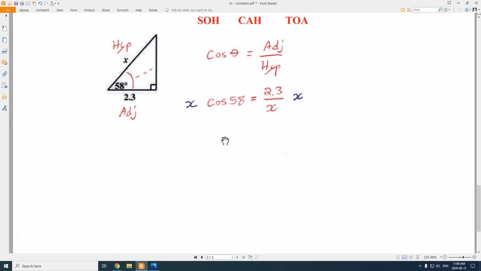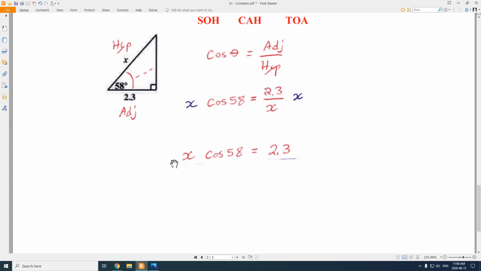And that leaves me with x times cos 58 equals 2.3. My x is canceled. So you'll notice by doing the opposite operation here, that cancels out, and now my x is in the numerator. It's in the top of the fraction, right? Which is where I want it.